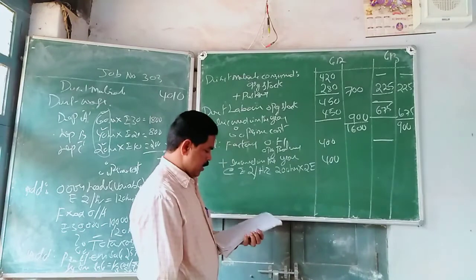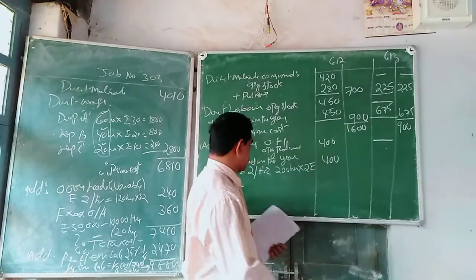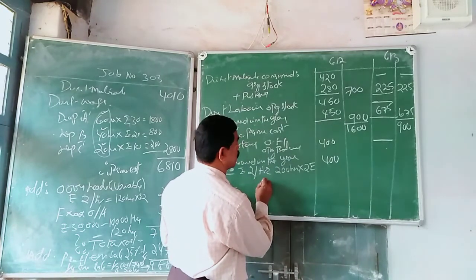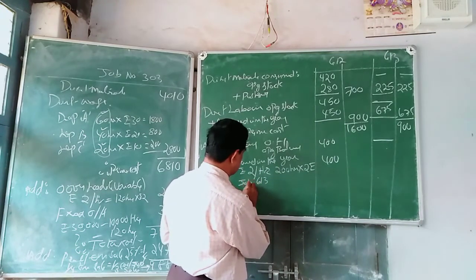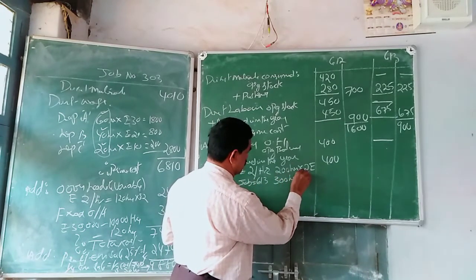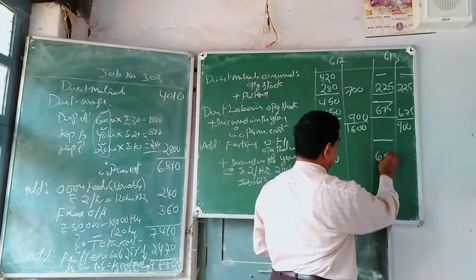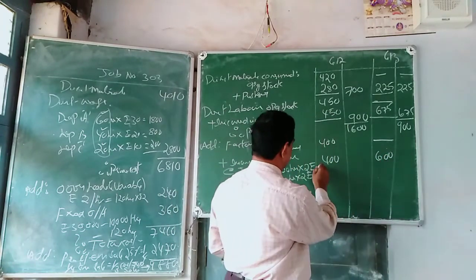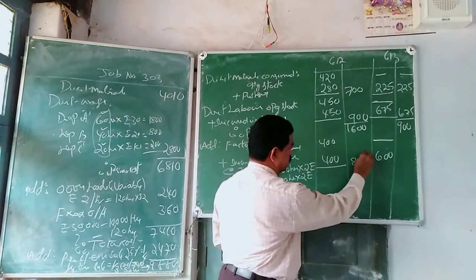Job number 613 has taken 300 hours at the rate of rupees 2, so it is 600.